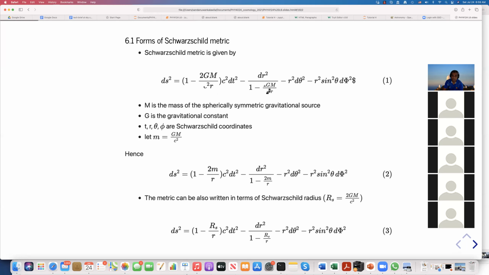That whole term is called the Schwarzschild radius in this metric, right? So that's what I have done here, and then you can take 2GM over c squared and substitute a value for it, that is r_s, the Schwarzschild radius, so that you can write the Schwarzschild metric in terms of the Schwarzschild radius. So you just replace the terms, right? There is nothing special.